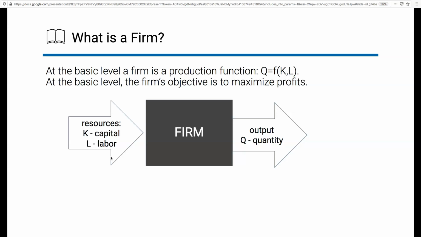Then, if you understand profit maximization, you can go ahead and add additional constraints and additional goals that the firm might have. But for now, let's just think about firms trying to maximize profits by translating capital and labor into output.